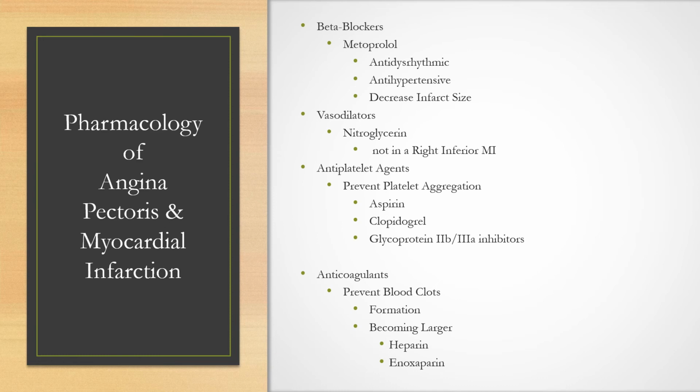So you're going to see that antiplatelet drugs and anticoagulants are going to be some of the first ones that we're going to give. Sure, the other ones are important, beta blockers, maybe some nitroglycerin, but not to the same extent as the antiplatelets and the anticoagulants.